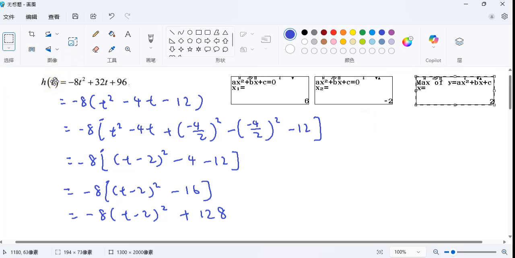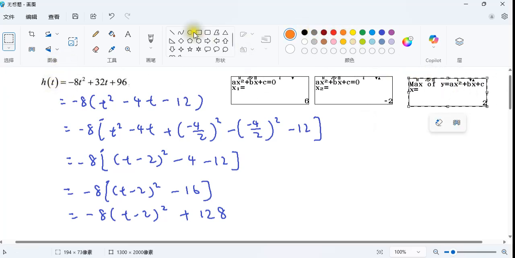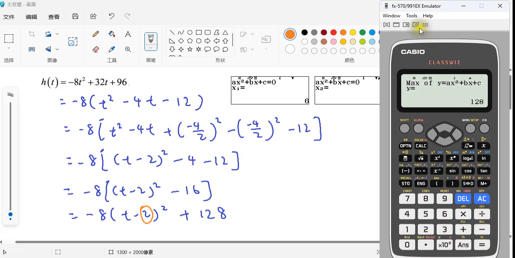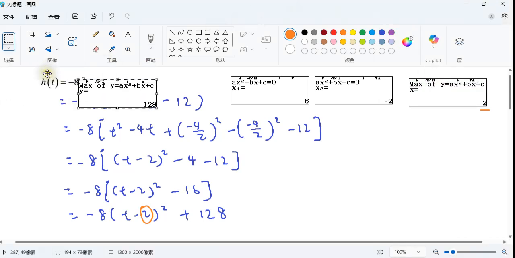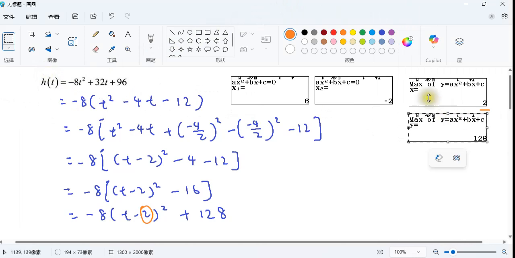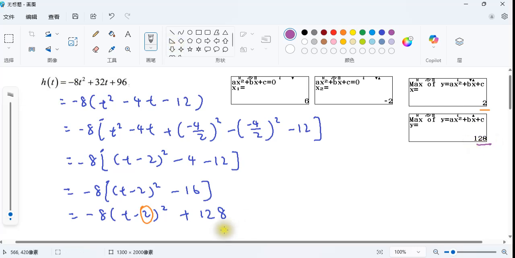Yes, correct. So this x equal to 2 is this. And we have 128 as the maximum value. Okay, so this is the maximum value 128.